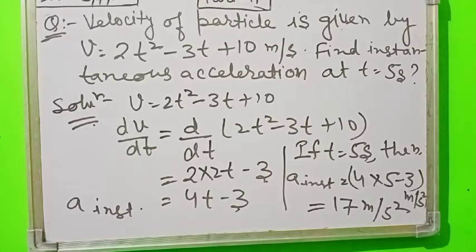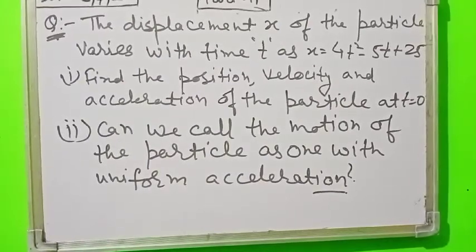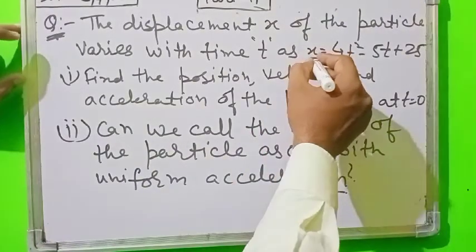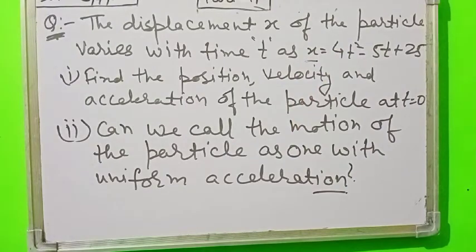Now next question. Yes students, look at the question. The displacement x of the particle varies with time, and that displacement is given as 4t square minus 5t plus 25. Find the position, velocity and acceleration of the particle at t is equal to 0. And the second thing is, can we call the motion of the particle as one with the uniform acceleration?